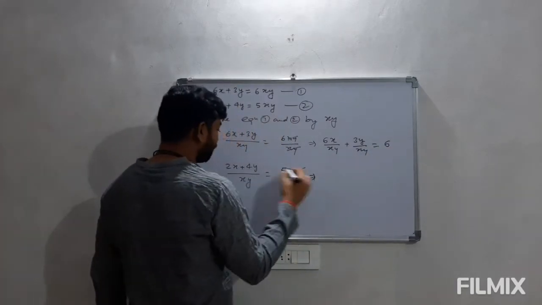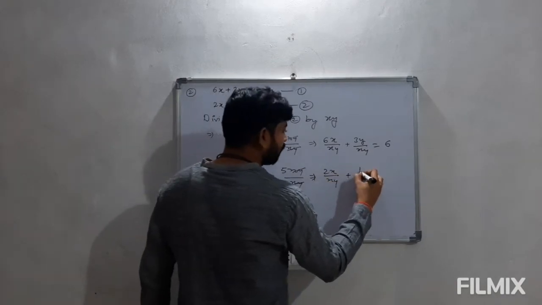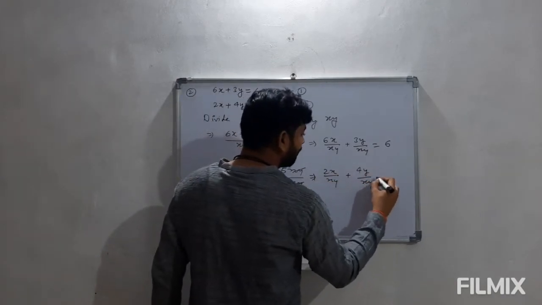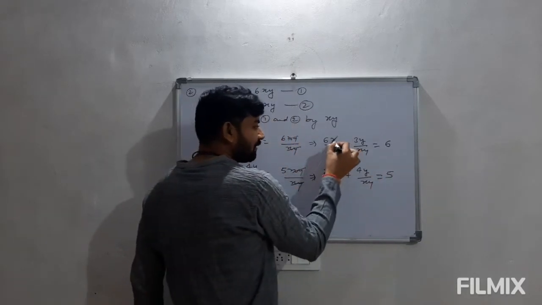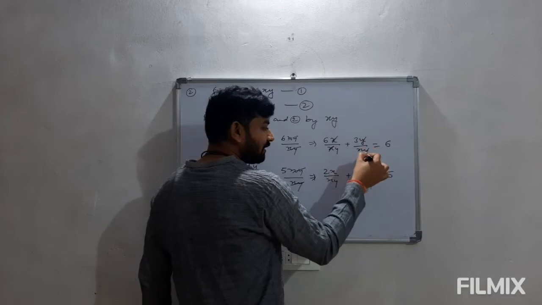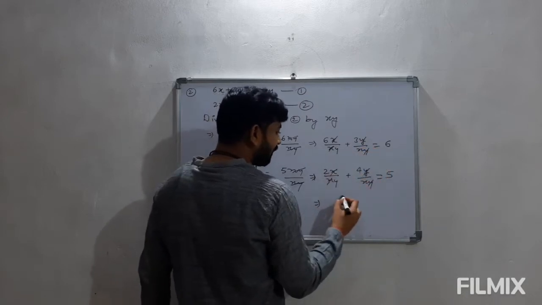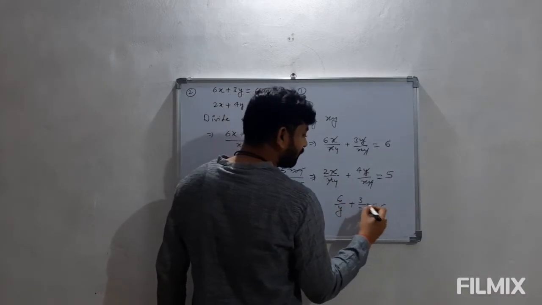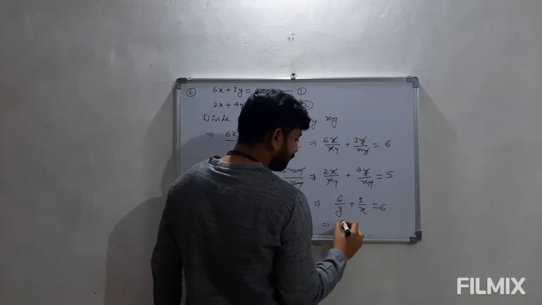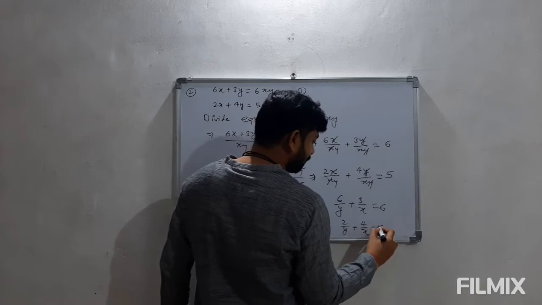Similarly here we can do 2x upon xy plus 4y upon xy is equals to 5. तो यहाँ पर आप देखोगे कि ये x से x कैंसिल हो गया, y से y कैंसिल हो गया, like this. So our equations are like 6 upon y plus 3 upon x is equals to 6, and 2 upon y plus 4 upon x is equals to 5.